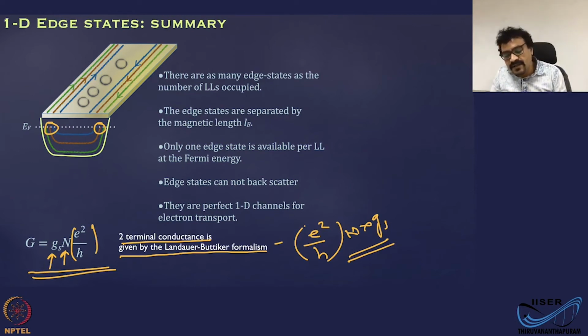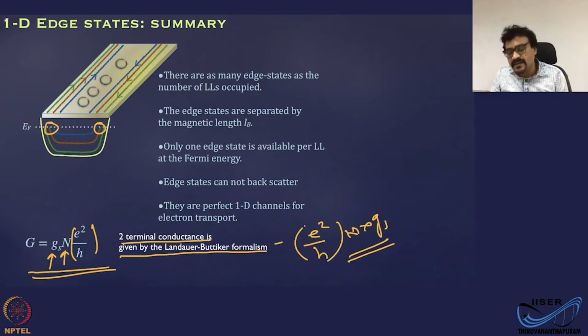So, in summary, we have transport happening in the system only at the edge. In the bulk, no transport; the states are localized, and the bulk is insulating.